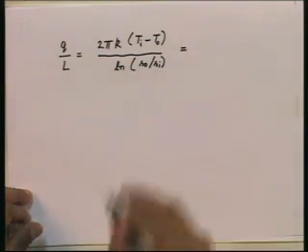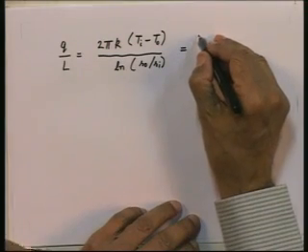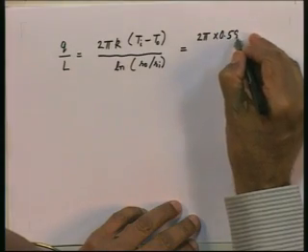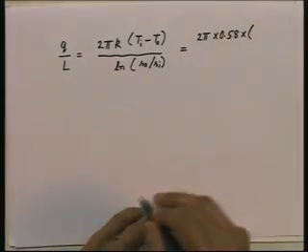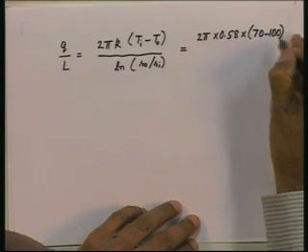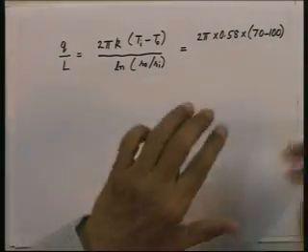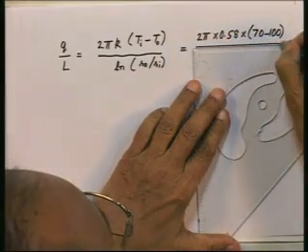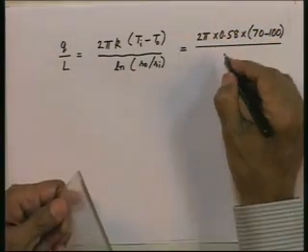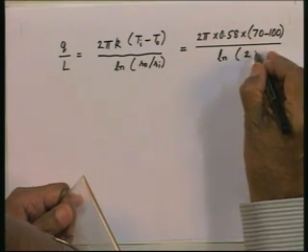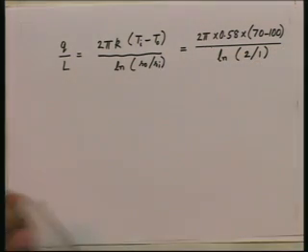So, in this case, substituting the data, we get 2 pi 0.58 into 70 minus 100, divided by the log to the base e of 2 divided by 1. 2 centimeters is the outer radius, 1 centimeter is the inner radius.